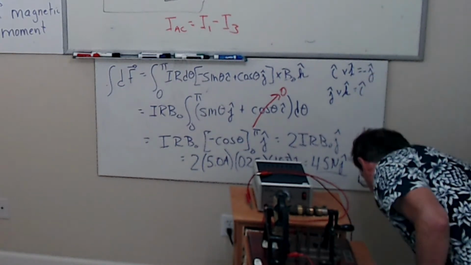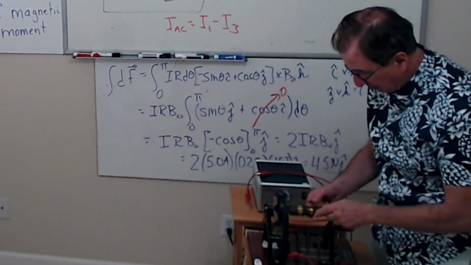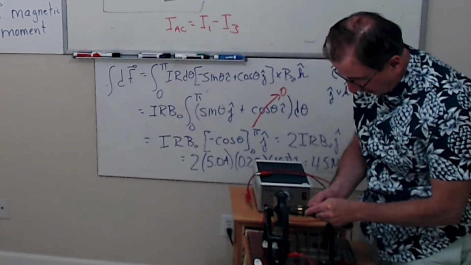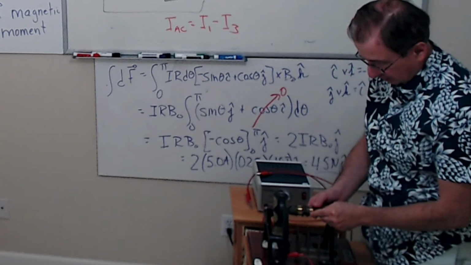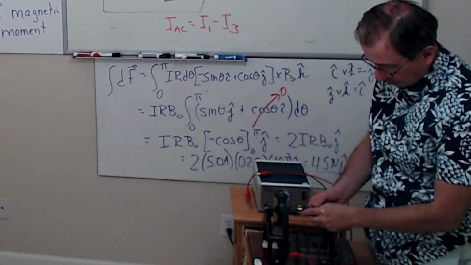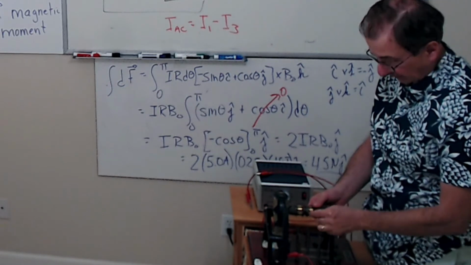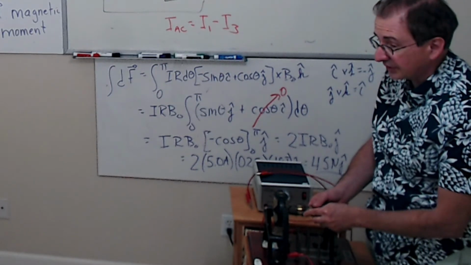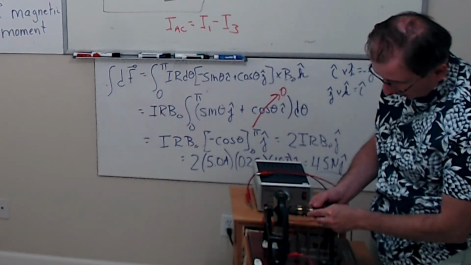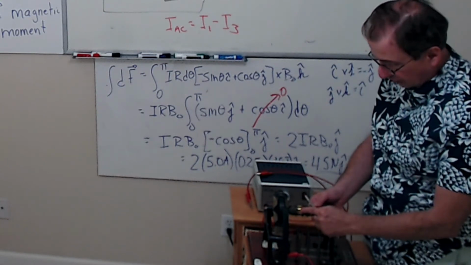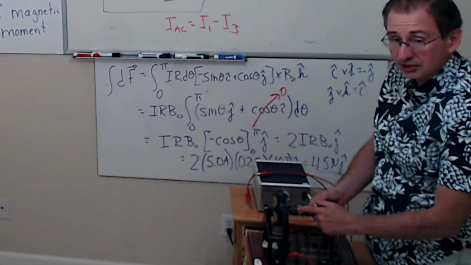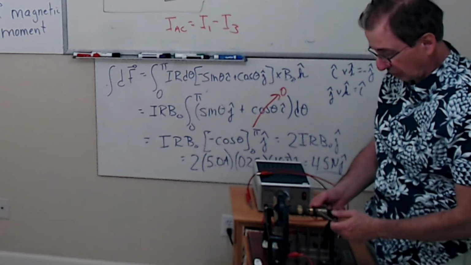And I don't know if you can see it, but the commutator is split right here. And this is where the current, once the contacts get to this point, reverses direction.